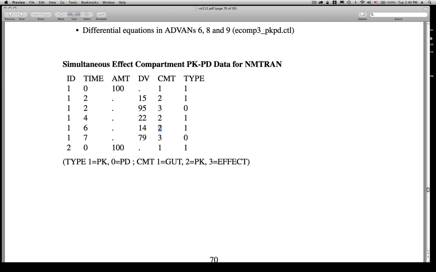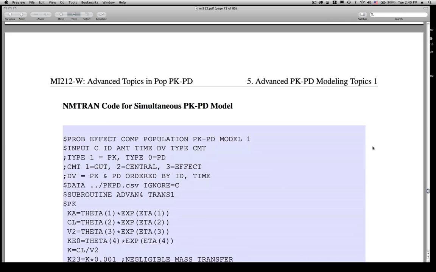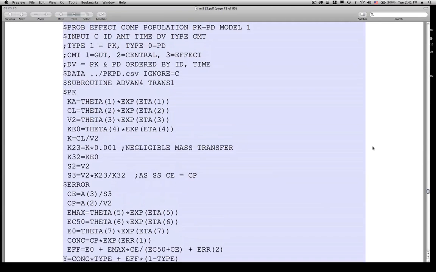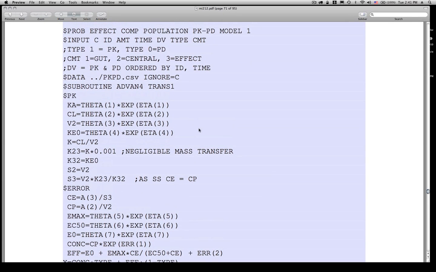Okay, let's see. I was going to show you the code first, and then I'll answer questions. So here's our effect compartment model. We have type and CMT in the data set. Compartment 1 is the gut, 2 is the central, 3 is the effect compartment.